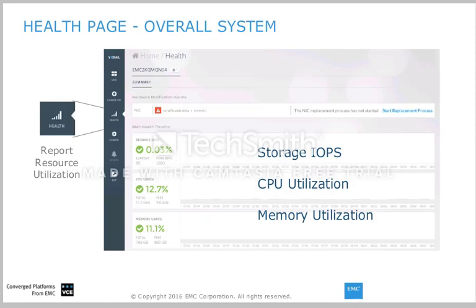The initial VXRail Health page presents a view of the overall system health, which displays the storage IOPS, CPU, and memory usage of the overall cluster. There are also links at the top of the display that will provide detailed health information of each individual appliance in the cluster.